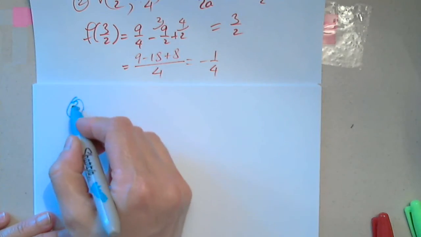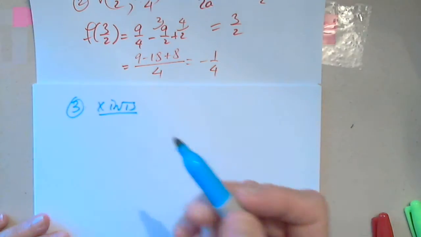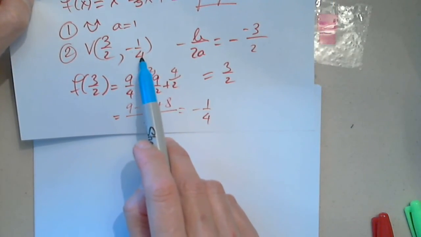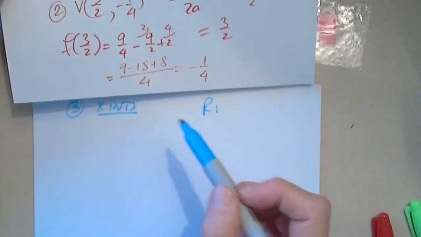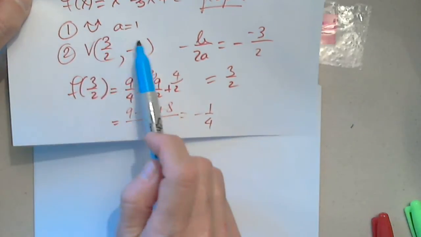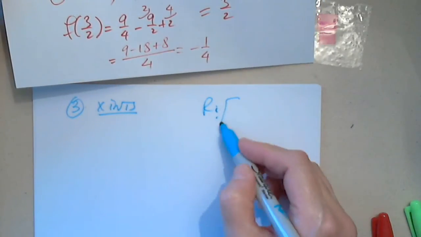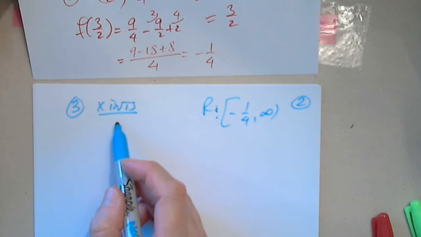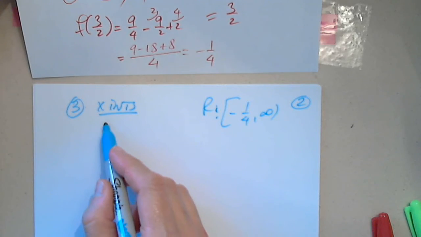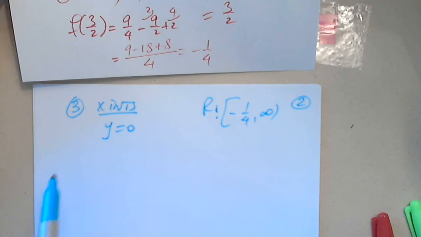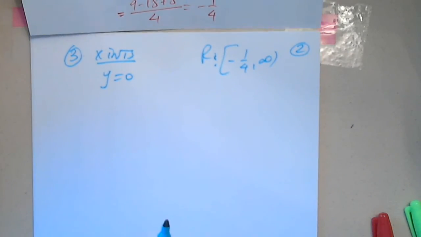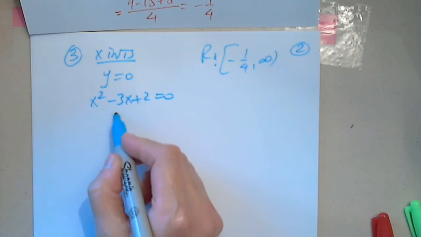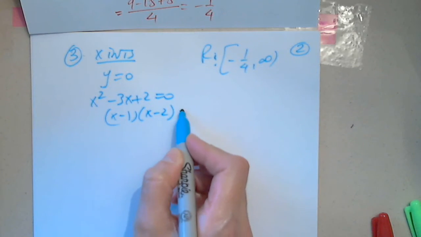In step number 3, I need the x-intercepts. Do they exist? Yes, because the minimum value is negative 1/4. I already know the range. It has a minimum, and the minimum value is negative 1/4, so the range is negative 1/4 to infinity. So the x-intercepts exist, so I determine x-intercepts when y is 0, and that is x squared minus 3x plus 2 equals 0, or x minus 1, x minus 2.